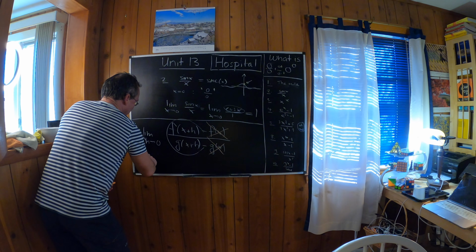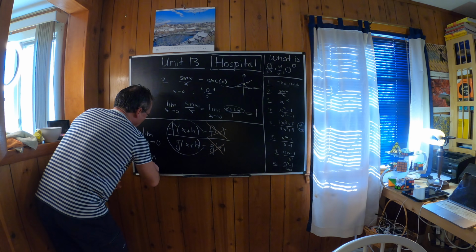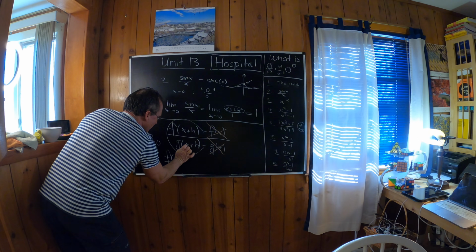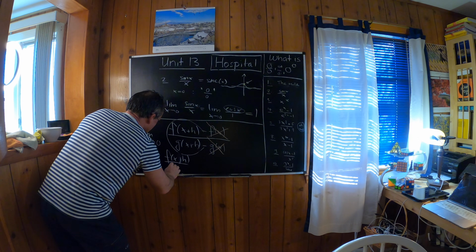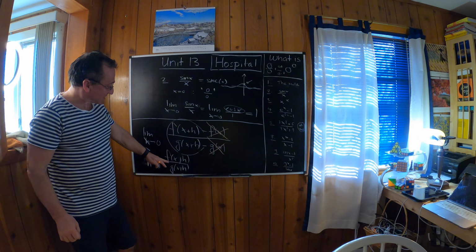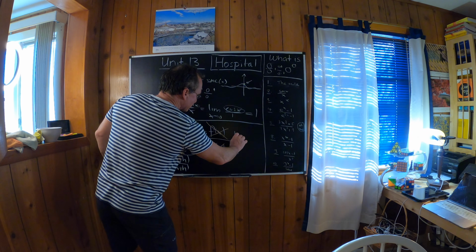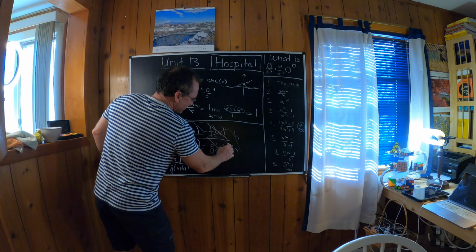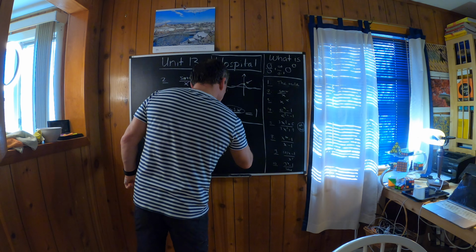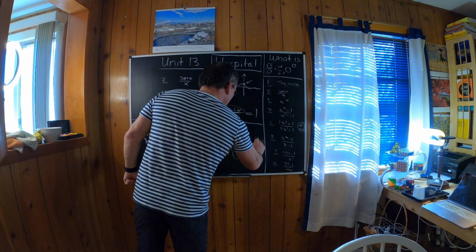This is the limit as h goes to 0 of f of x plus h over g of x plus h. And so that's the limit we actually want to know. But if you divide this by h, and here also by h, this goes to the derivative of f, and this goes to the derivative of g. So this is the limit f prime x over g prime x.